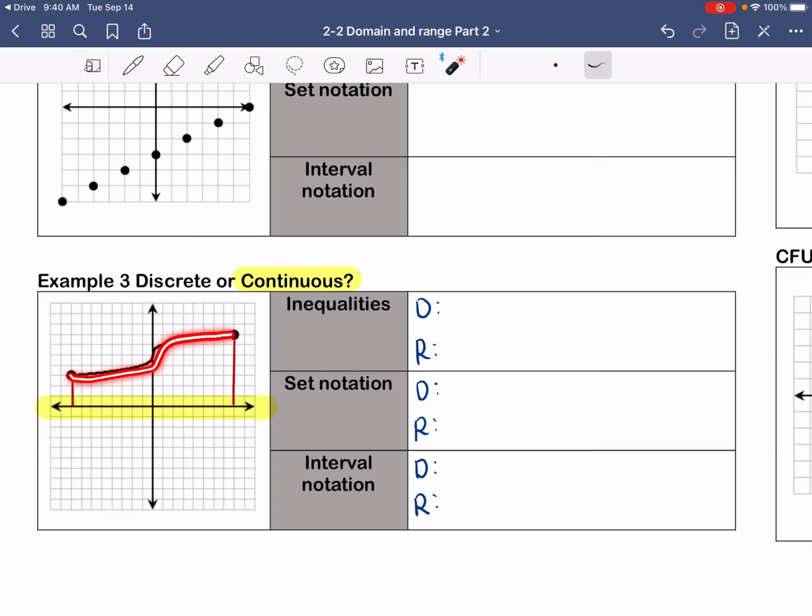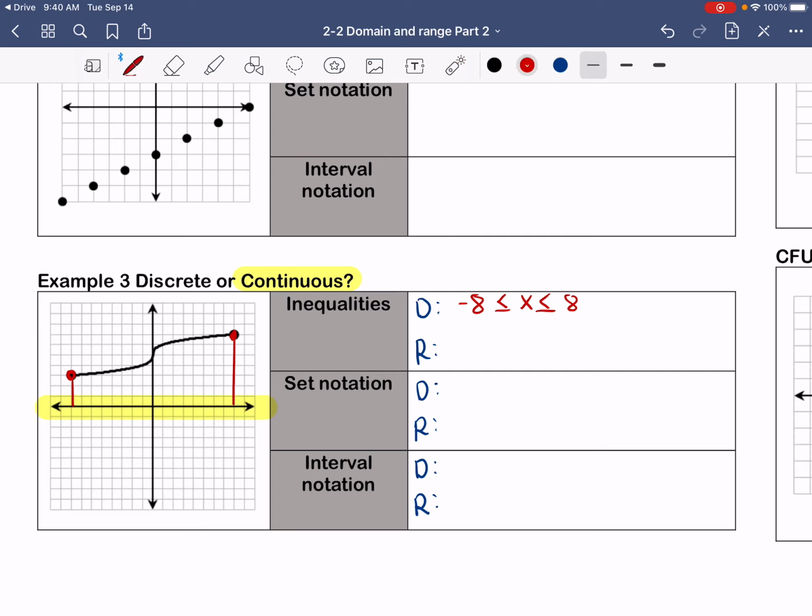So the domain of this graph starts from here, which is -8, and this is the closed circle, as you can see, so you're going to use less than or equal to. So domain is x, and it ends here on the right side, which is 8, another closed circle, so we're gonna put less than or equal to.